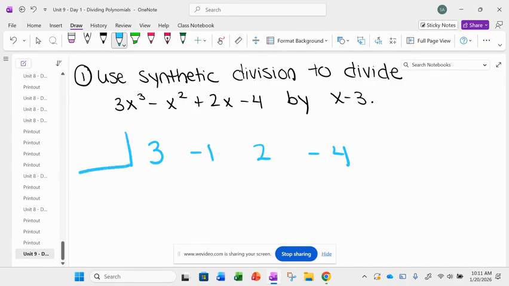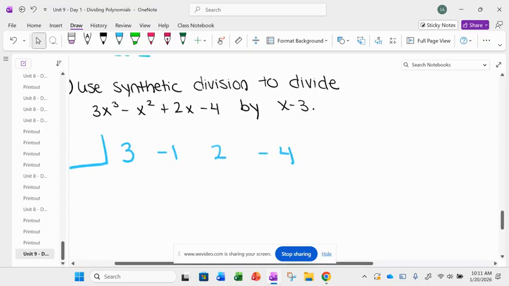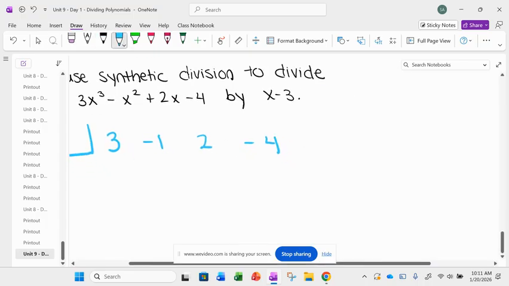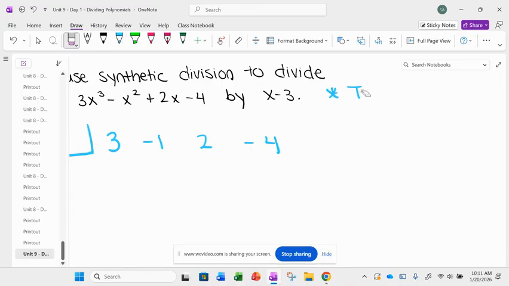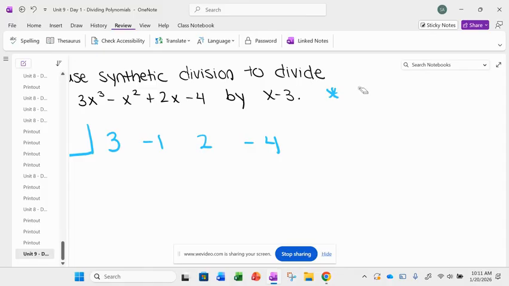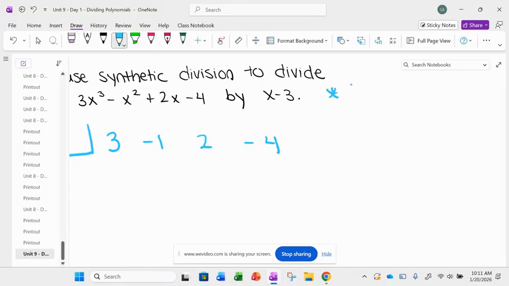But now we need to put a number in the box, right? To find the number to put in the box, we're going to set the divisor equal to 0, then solve for x.